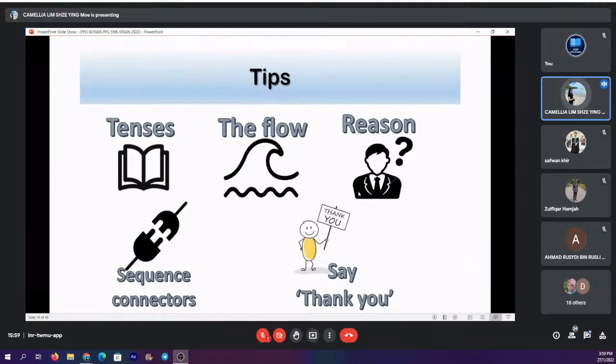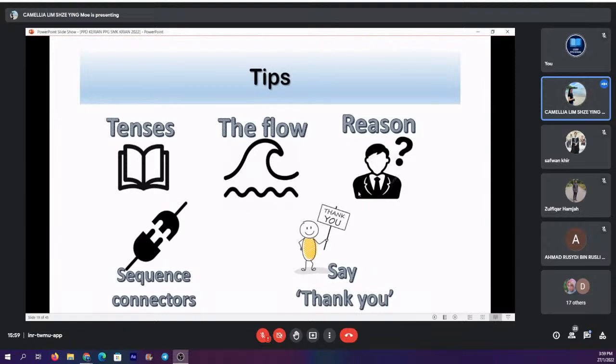After that, what do I mean by the flow? The flow is to follow the sequence of the questions asked. I will mention this later. The third one will be the reason, which is to ask your students to provide reasons for every answer he or she gives.